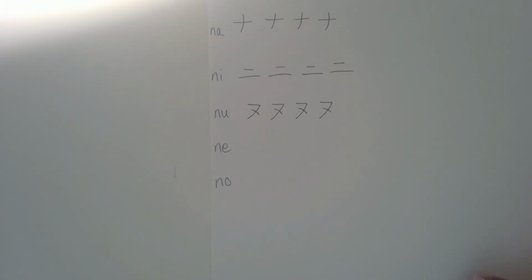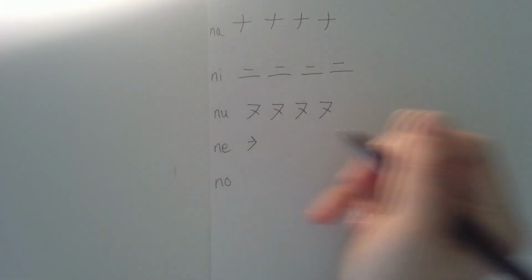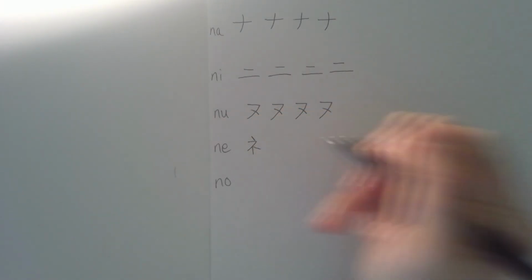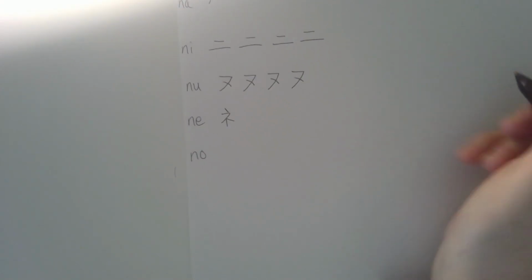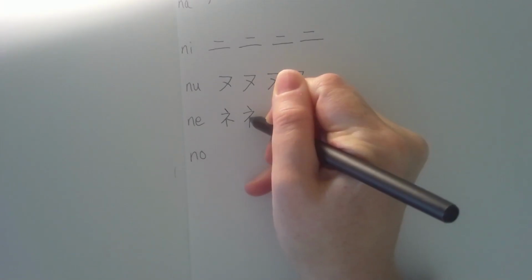For ne, let's see, a little line on top. This one, 1, 2, 3, and 4.